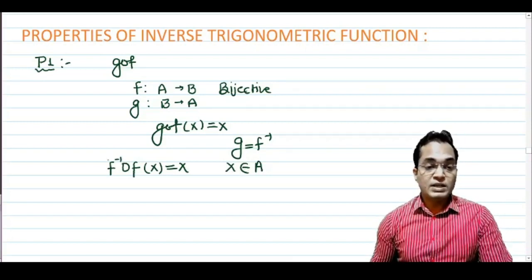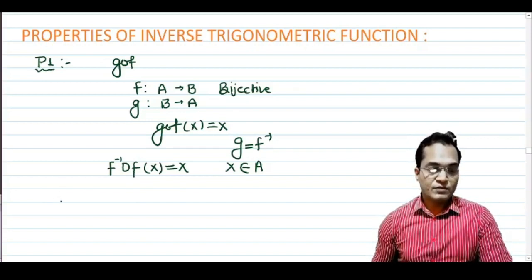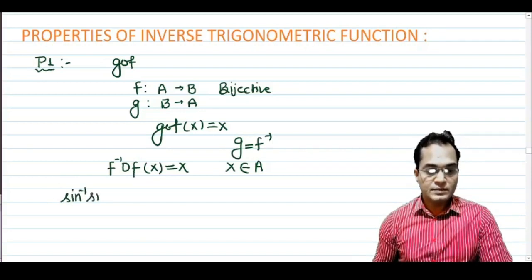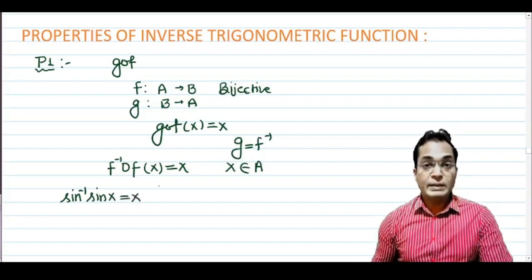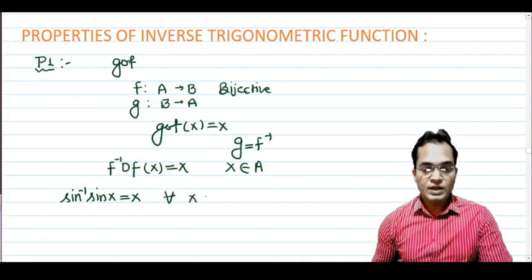By this property we can find many properties in inverse trigonometric functions, such as first, sine inverse sine x is equal to x. And the important point is that this is defined for x belonging to minus 90 to 90.